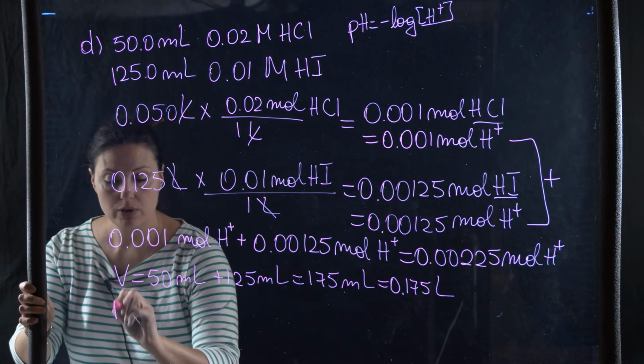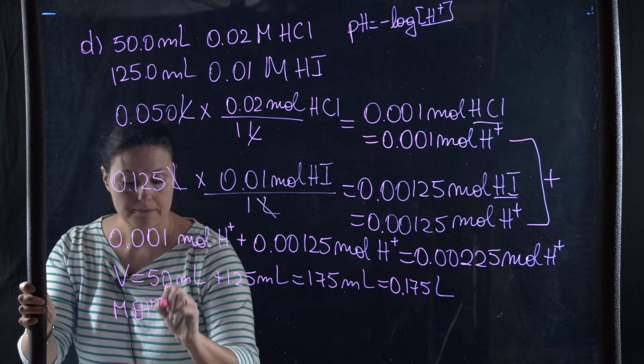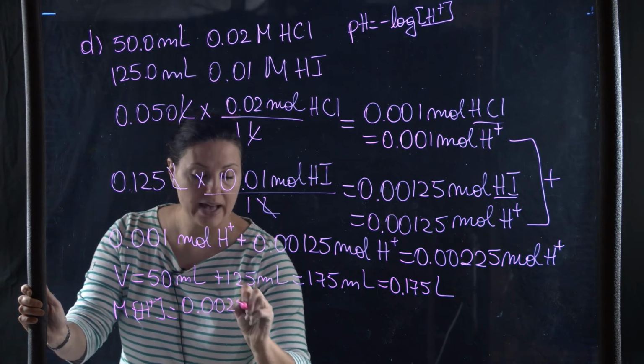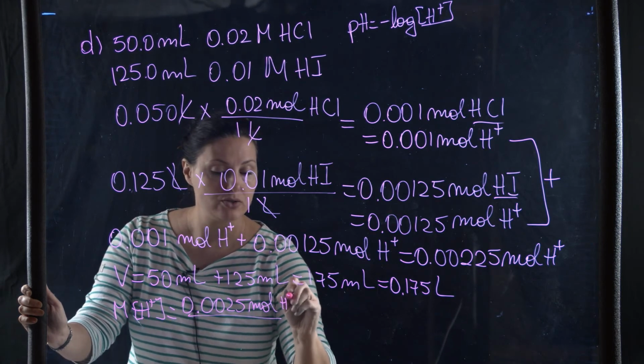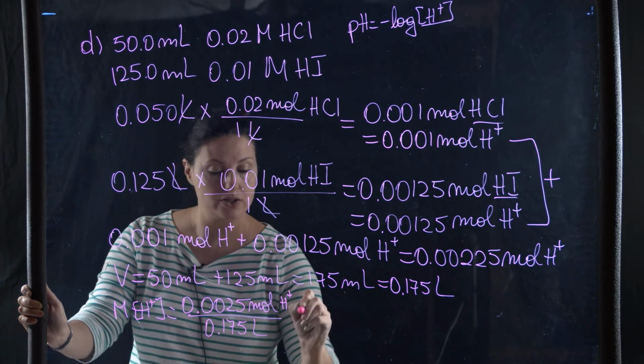Now that I have the moles and I have the volume in liters, I can figure out the molarity. So molarity of my H plus is equal to 0.00225 moles of H plus divided by 0.175 liters.